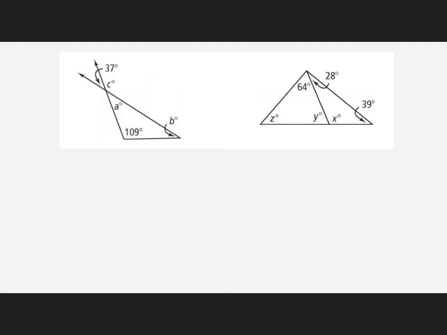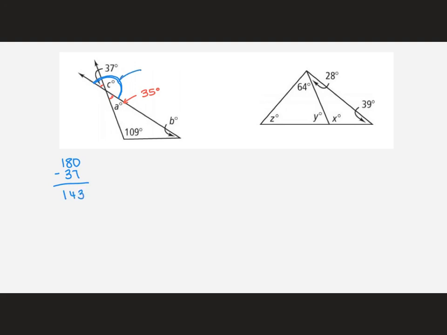On the next example, to start off, I'm noticing that these two angles are vertical angles. So angle A would be 35 degrees. These two angles are a linear pair, which means they add up to be 180. So 180 minus 37 is 143.